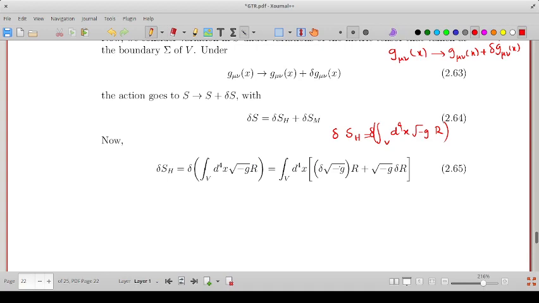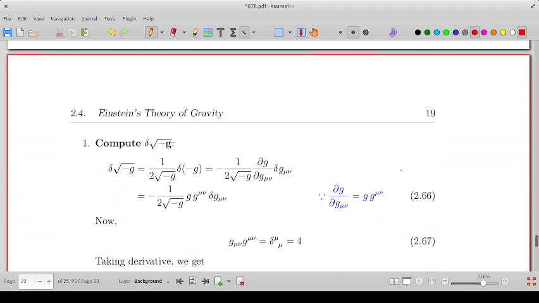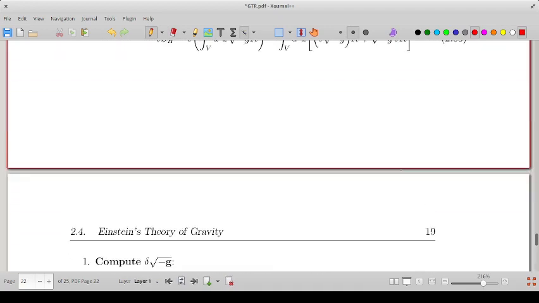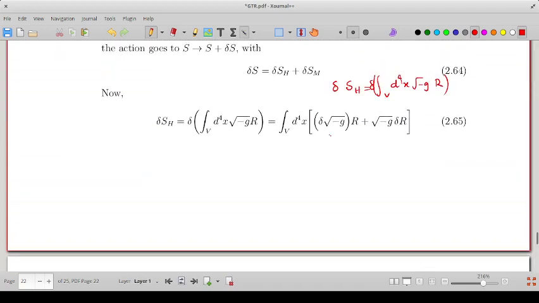So I can take this delta operation inside. So this will be equal to first the change in square root of minus g times R plus square root of minus g times delta of R. So we need to compute these two terms separately.